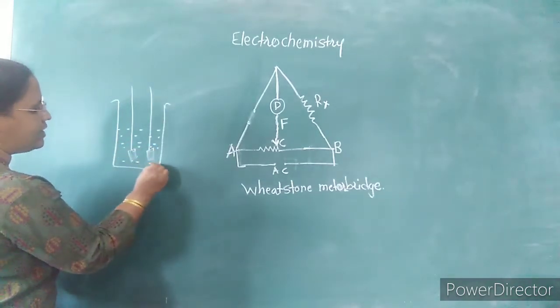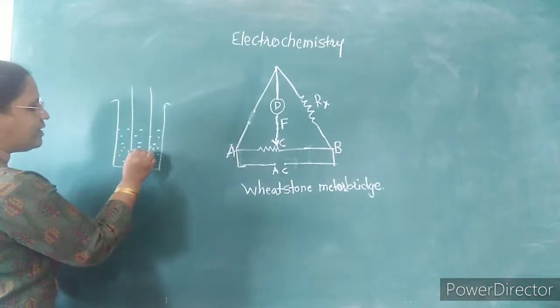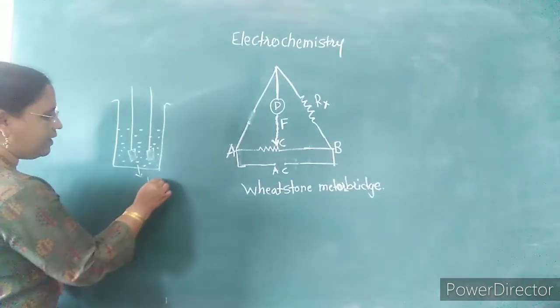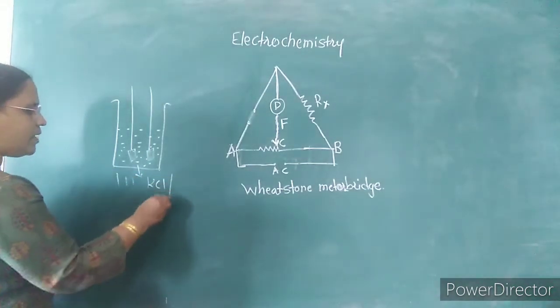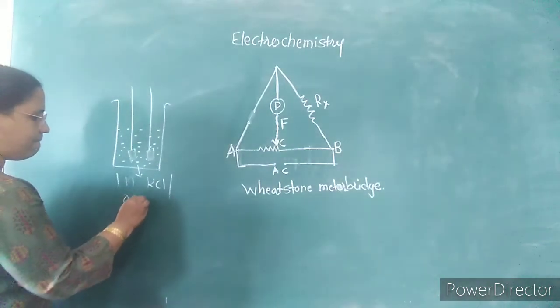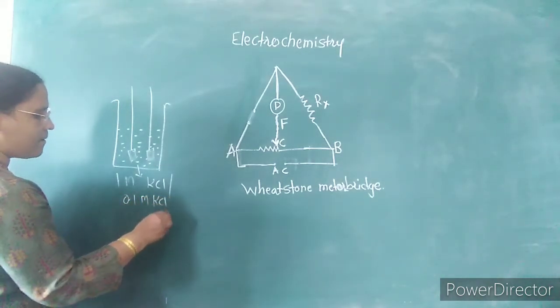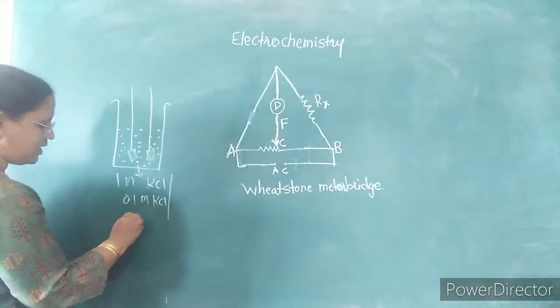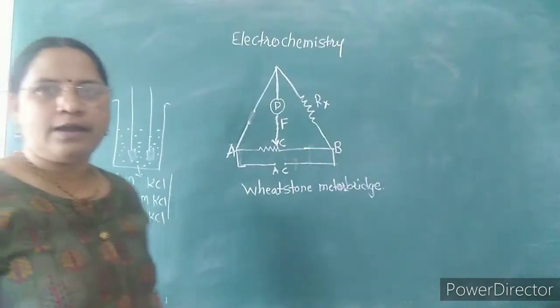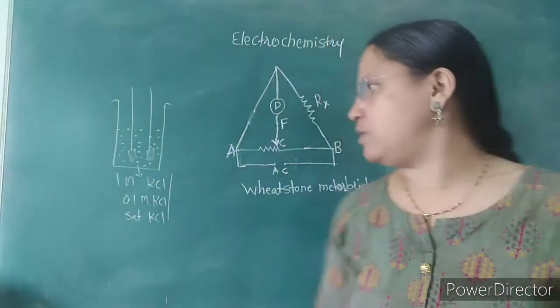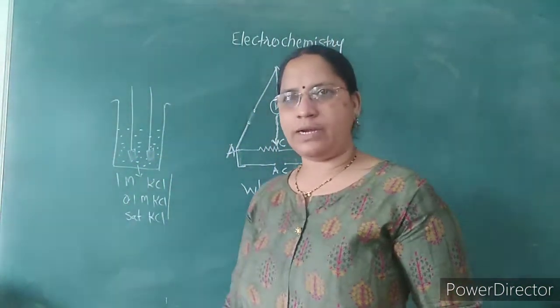Generally for this electrolyte solution, we will take the example of KCl. That KCl may be 1 molar KCl or 0.1 molar KCl, or we can use a saturated solution of KCl. It acts as an electrolyte and we have to find out the resistance of this electrolyte solution.